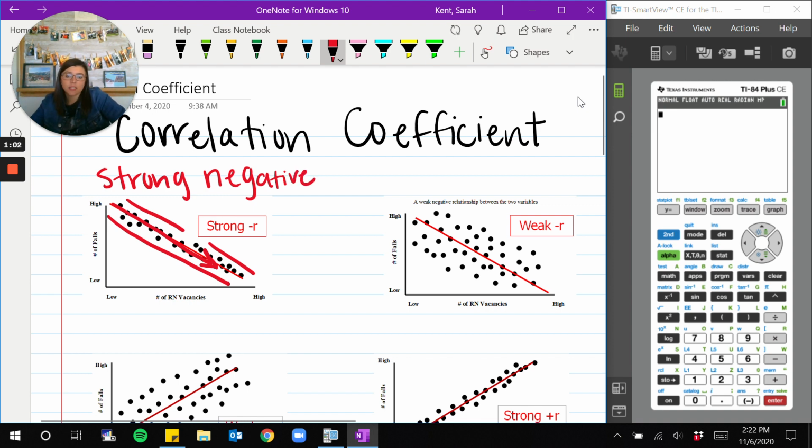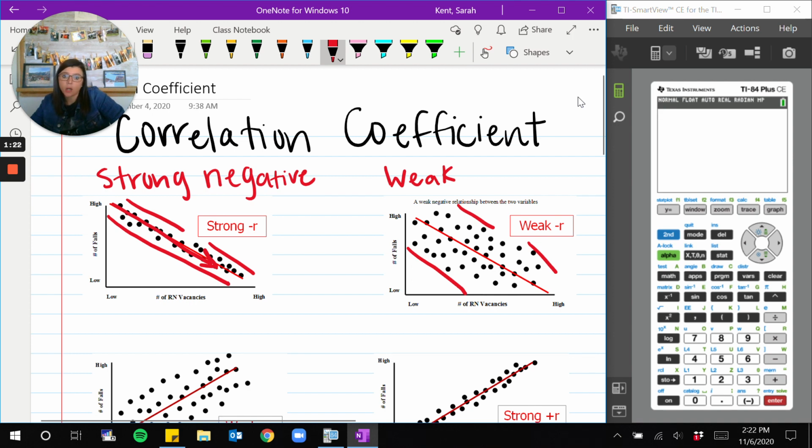If you look at this one next to it, you can see a lot of the dots are still going down, but if we look, they're not as close together. So this would be a weak correlation because they're far apart.